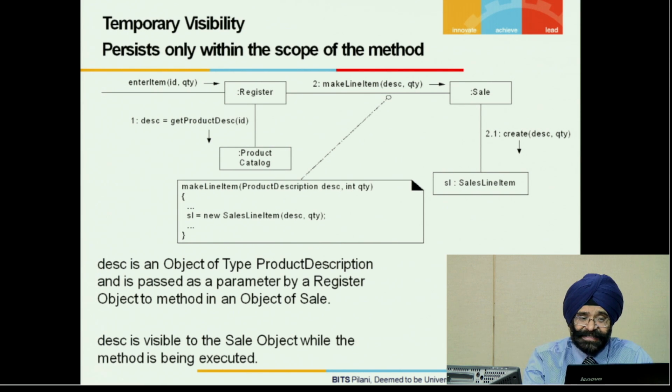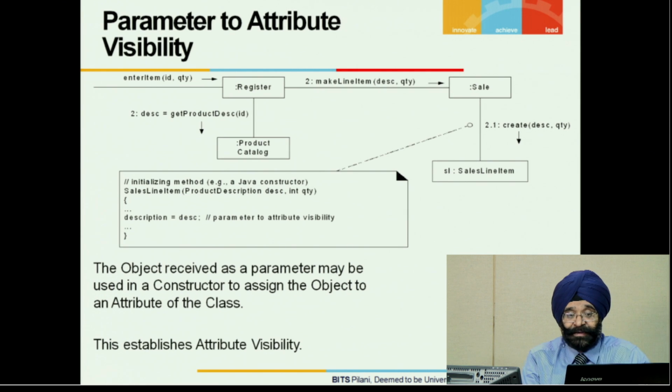Now let's go one step further. This class called sale has made a call to sale line item, and in sale line item there is a constructor method, the code of which appears in front of you, and the constructor method receives DSC as a parameter.